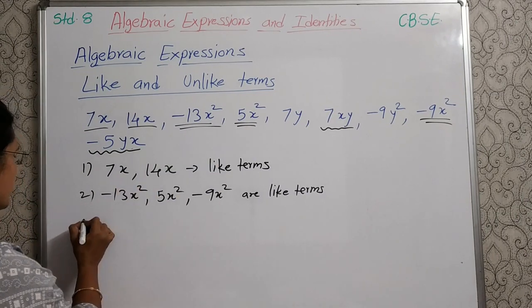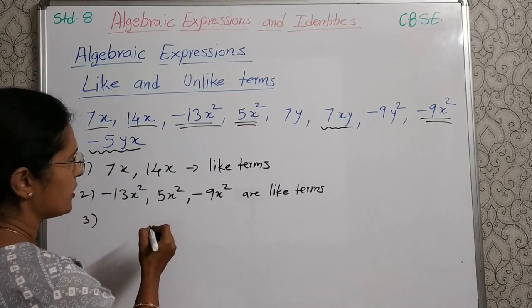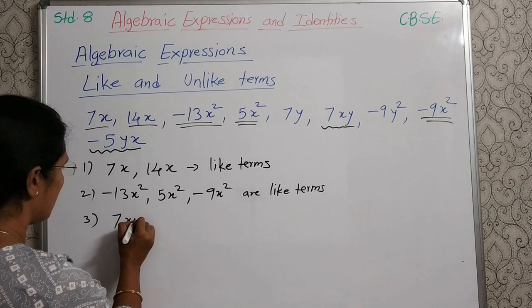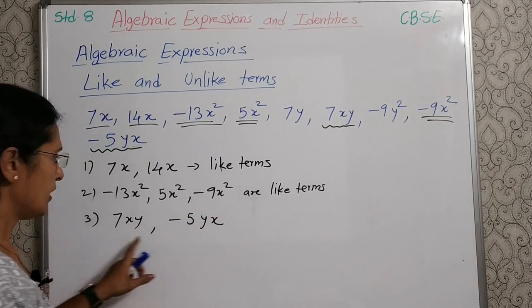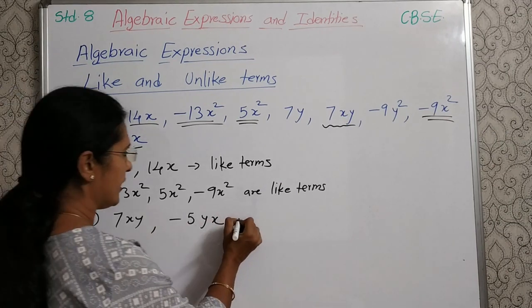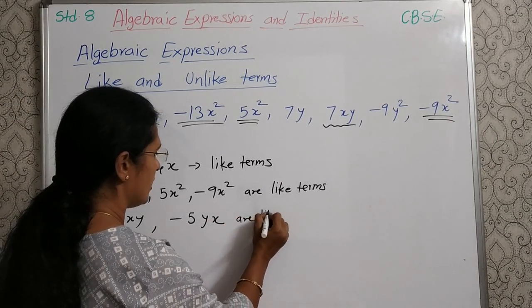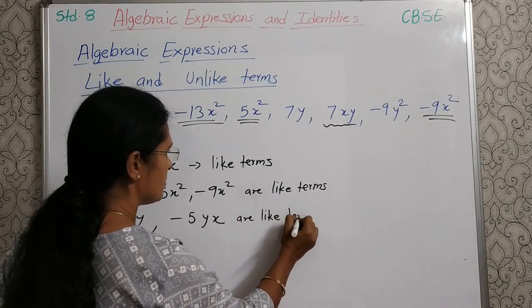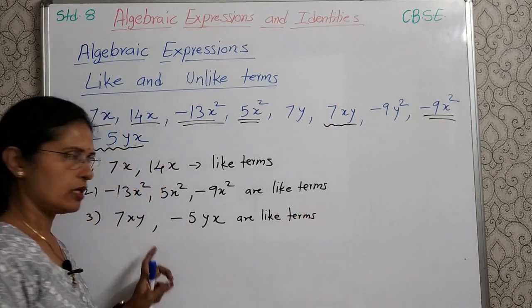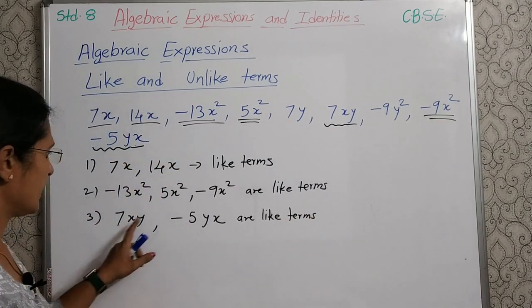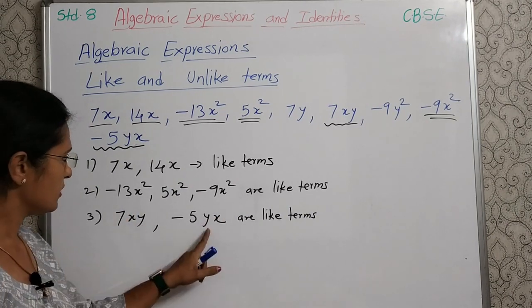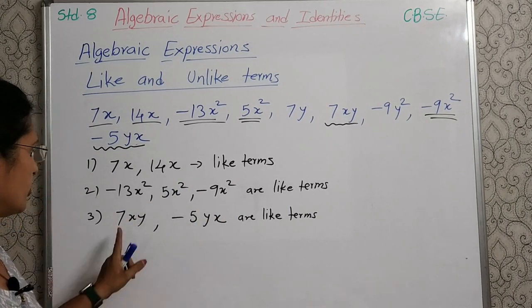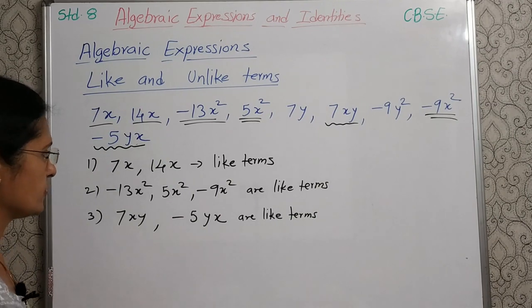Therefore, these two terms are also like terms. 7xy and minus 5yx are also like terms because they have the same variables with the same exponent. x is there with 1 as its exponent, y is there with 1 as the exponent. So these are also like terms.